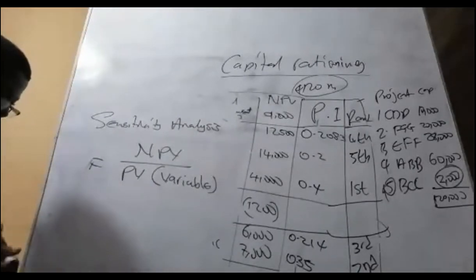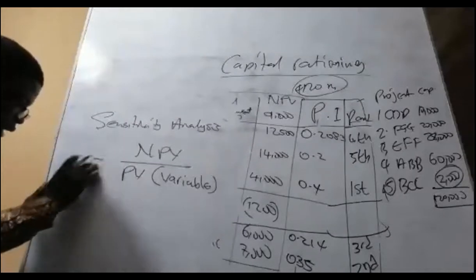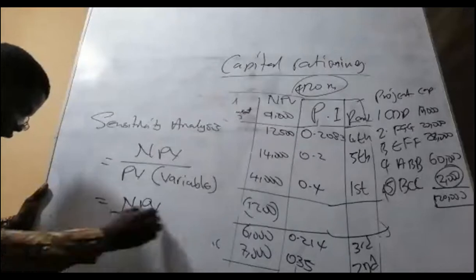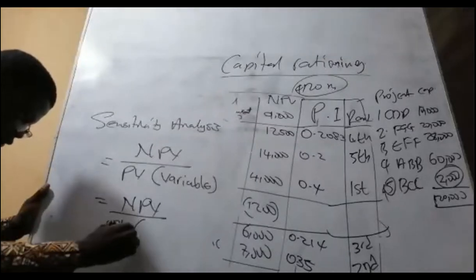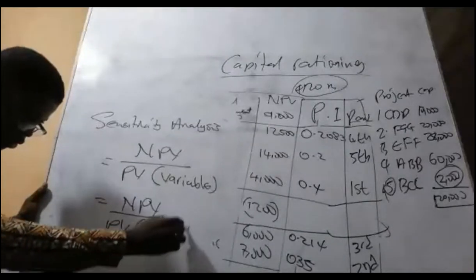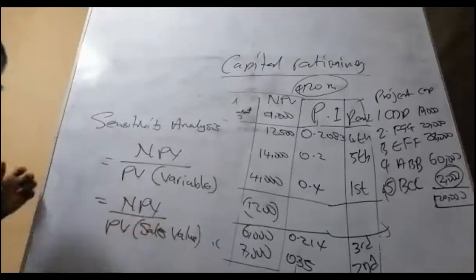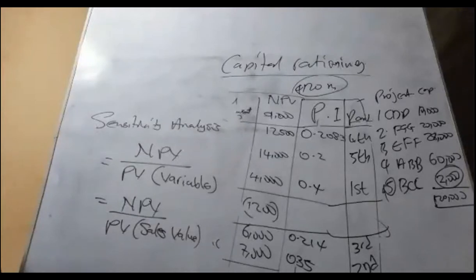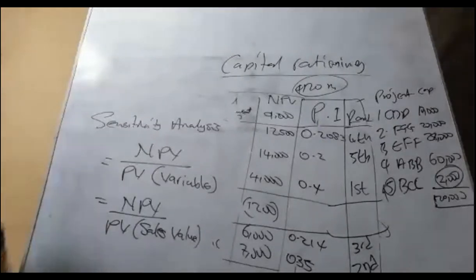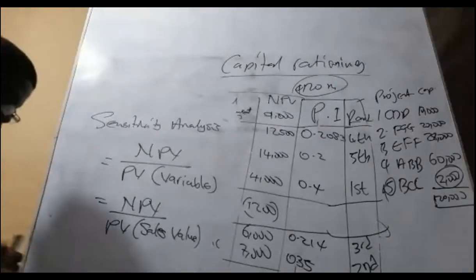I'll just tell the examiner it is equal to the NPV all over the present value of the sales value. That is it. Good. So put all the sales value together from year one to the last year. Find their present value. You are done.